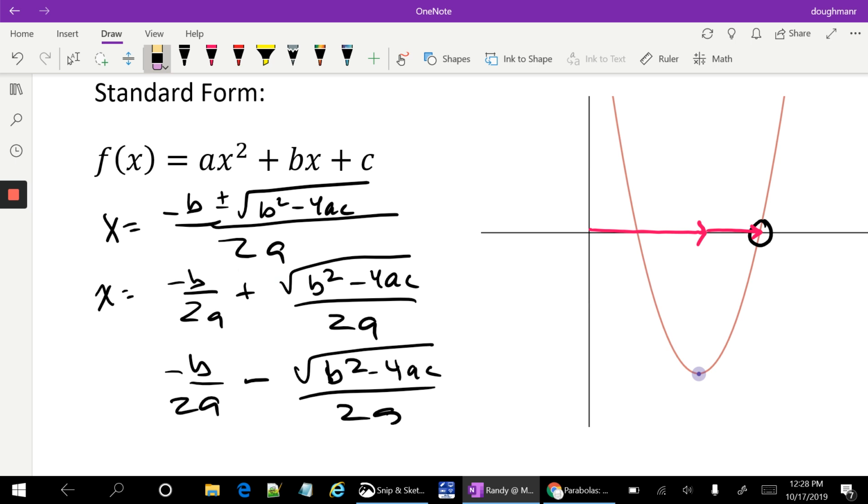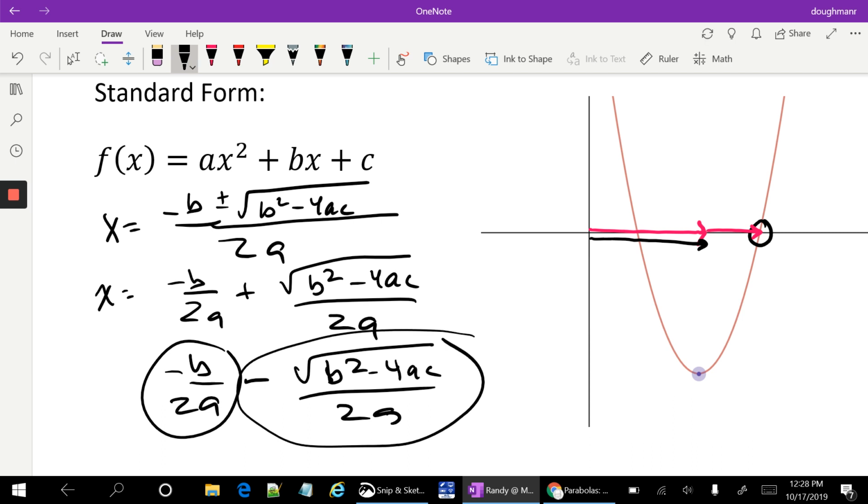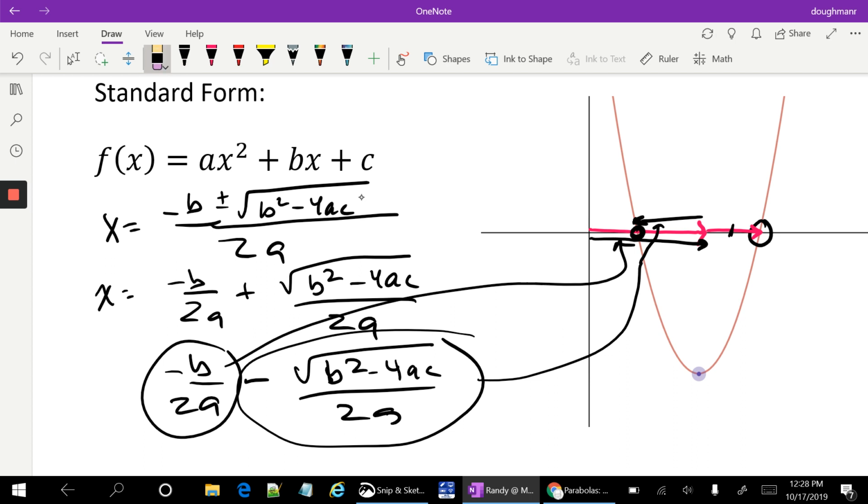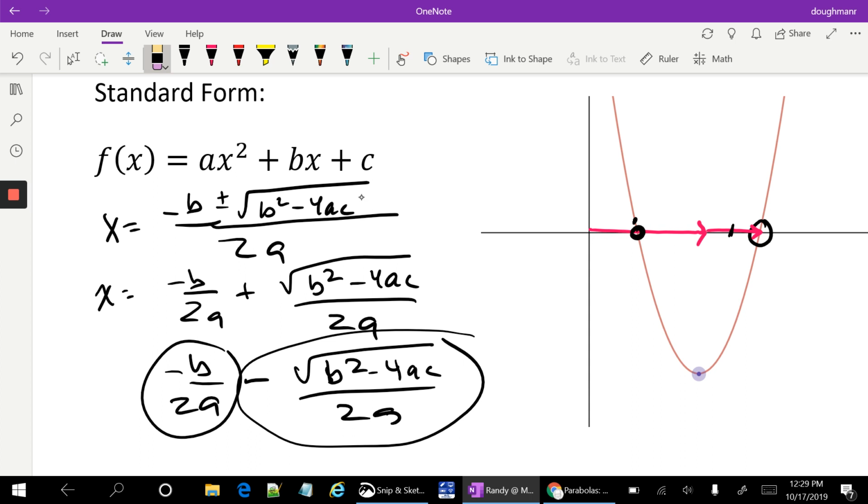Now let's look at this other point. All right, so this other point, we go over the same distance. So we go the same distance, but now we subtract the same amount, we go backwards, in order to find that point. So we went over some distance, negative b over 2a, and then we subtracted that length to find the other 0, if you will.